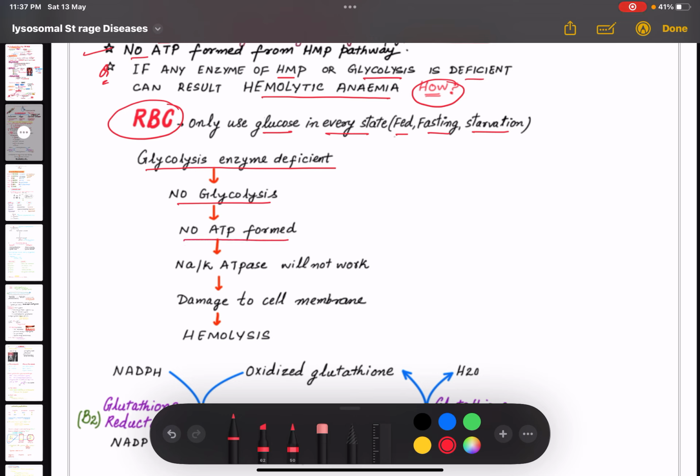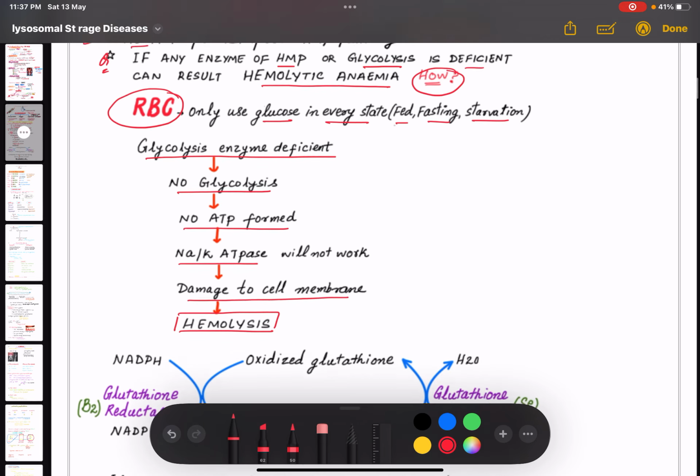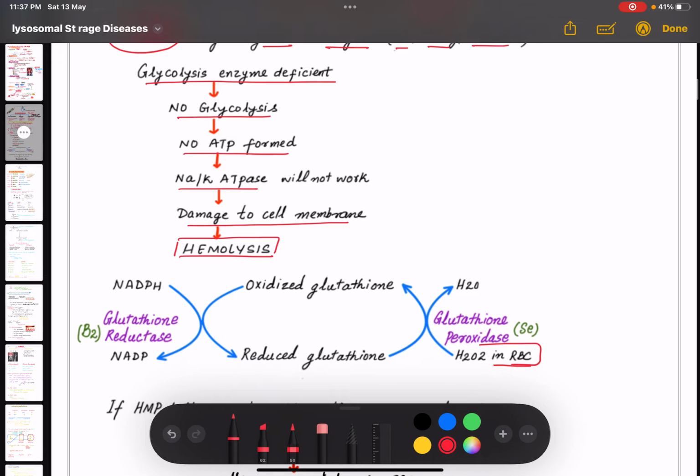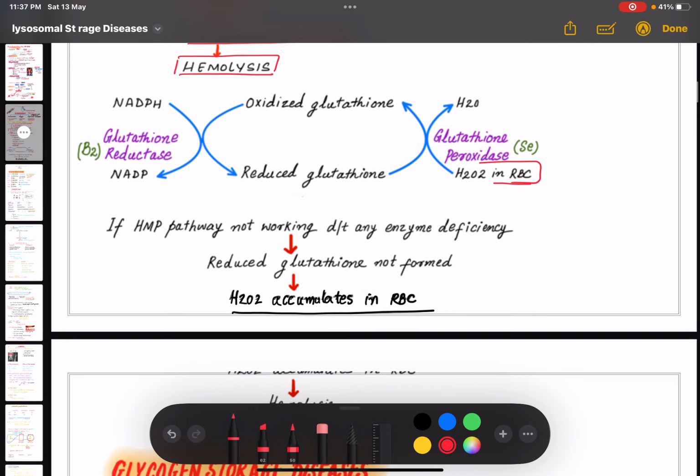Therefore, ATP will not be formed. We know this pump uses ATP, and this pump will not work without ATP. Therefore, there will be damage to cell membrane, and finally the hemolysis will occur, that is the breakdown of RBCs. This is the case for hemolysis in RBCs due to glycolysis enzyme deficiency.